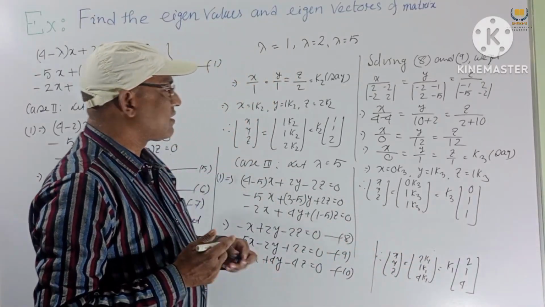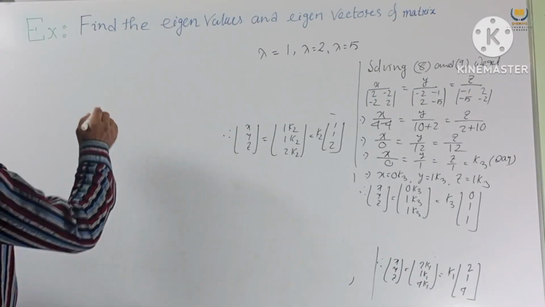The eigenvectors are the first eigenvector, the second eigenvector, and the third eigenvector. Now we write all the results together.